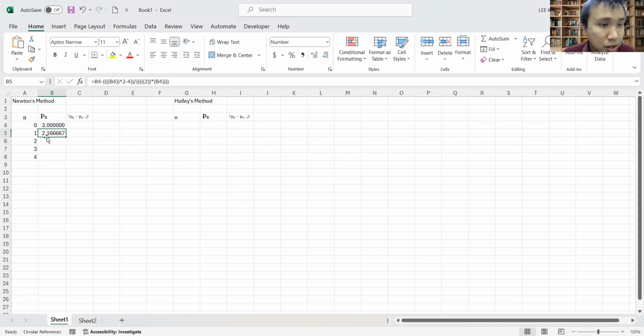So we'll get 2.166667, rounded off to 6 decimal places.